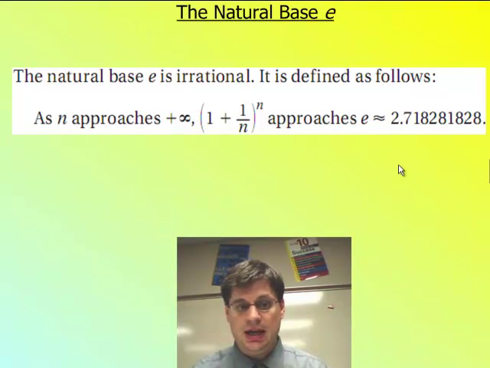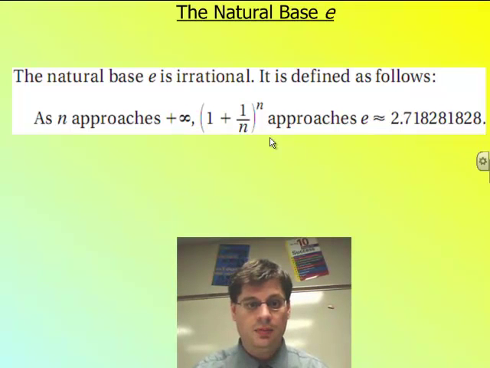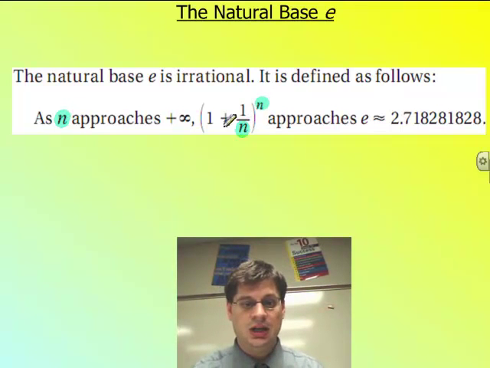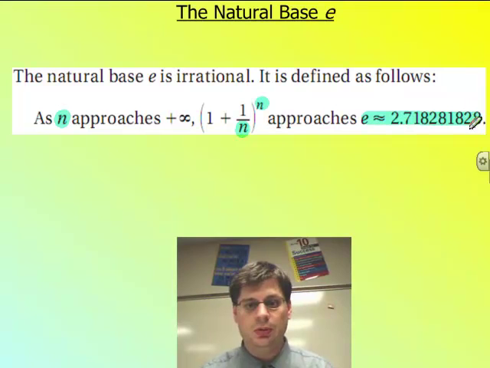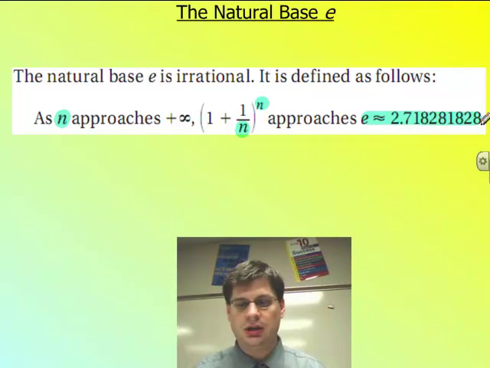As n approaches positive infinity, it's approaching this function of 1 plus 1 over n to the nth power. As n gets closer to infinity, it's going to be approaching whatever this expression is, which happens to be e, which is approximately equal to 2.718281828. And it goes on and on and on.